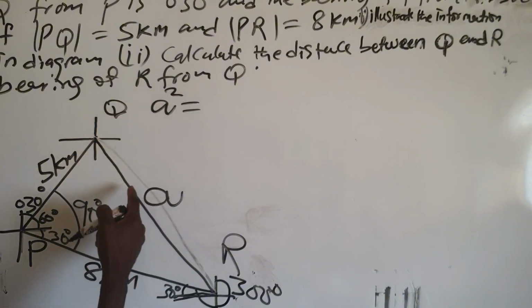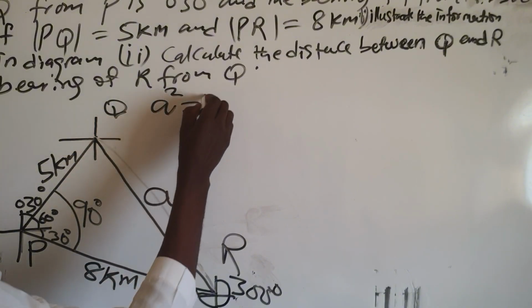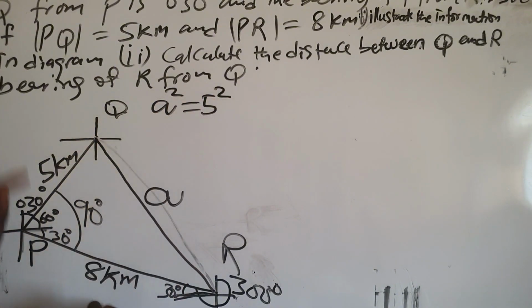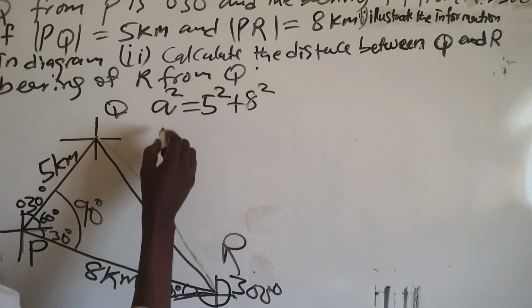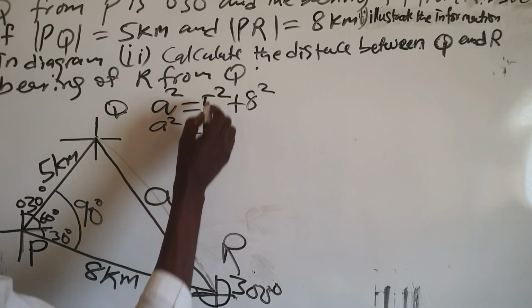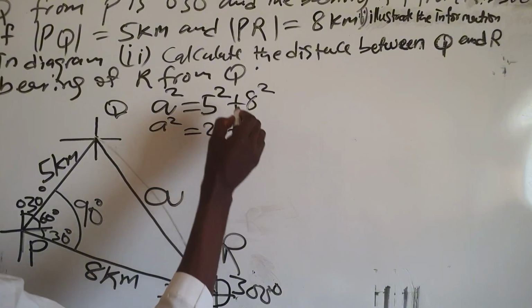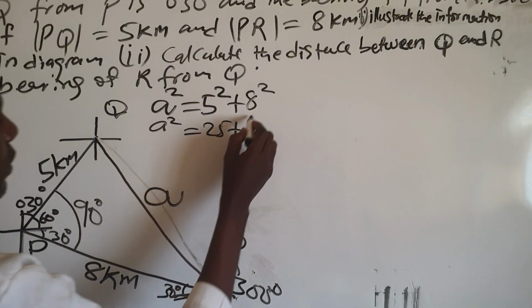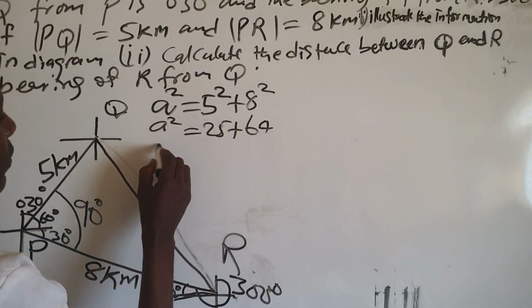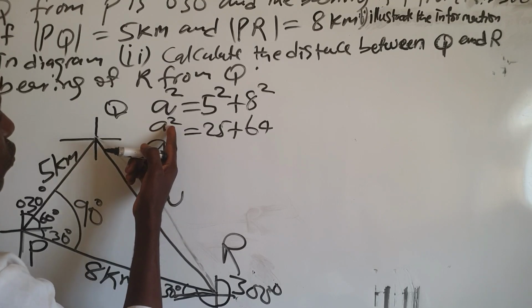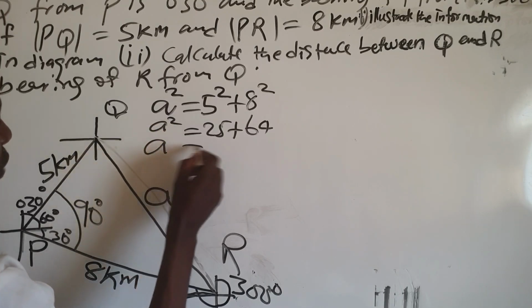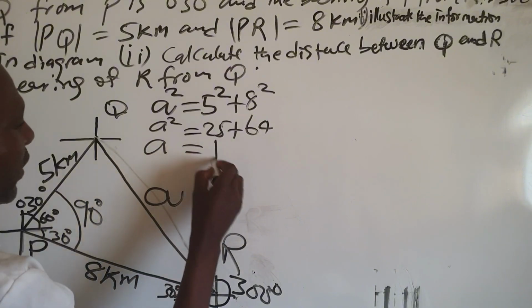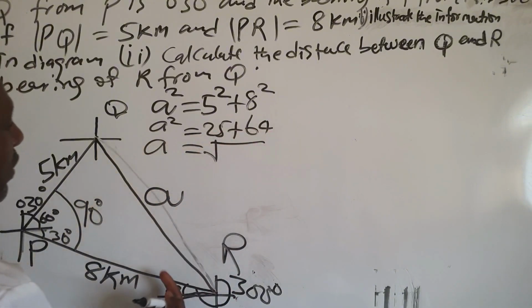This A square, which is the side I'm solving, was the addition of the 2 other sides, which is 5 square plus 8 square. Which means A square equals 5 square, which is 25, plus 8 square, which is 64. Now we are going to look for A, which is finding the square root of both sides. We now have A equals the square root of this side.